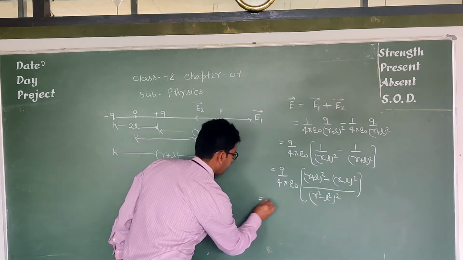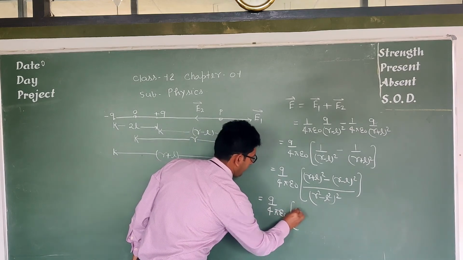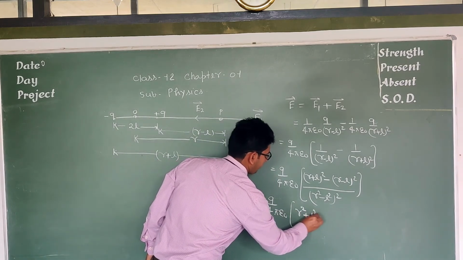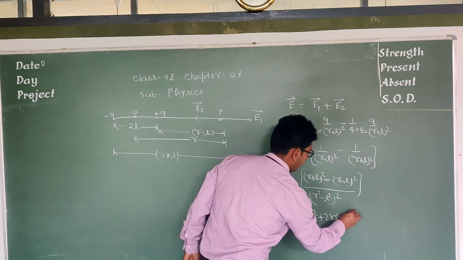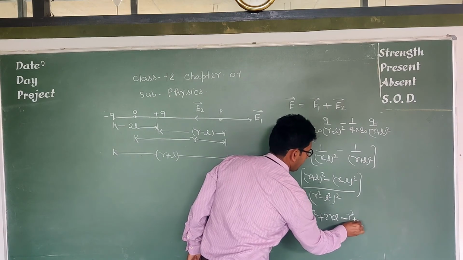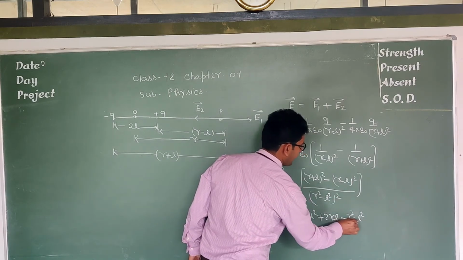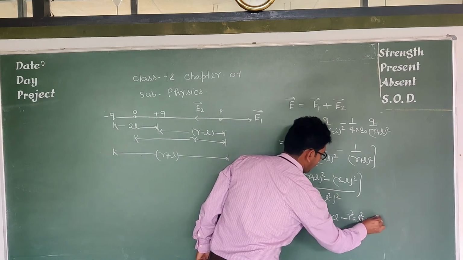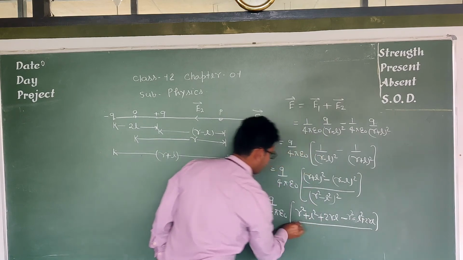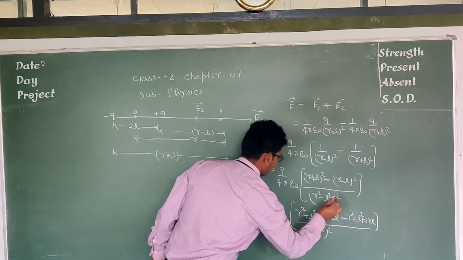We can write Q by 4 pi epsilon naught, a square plus b square plus 2ab minus a square plus b square minus 2ab, that is R square plus L square plus 2RL minus R square minus L square plus 2RL, divided by R square minus L square whole square.